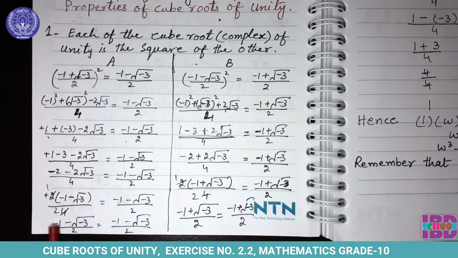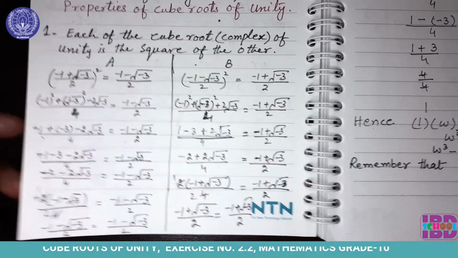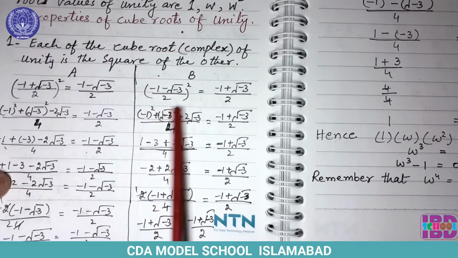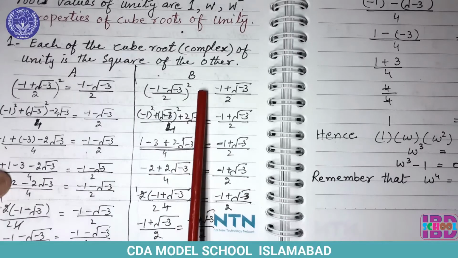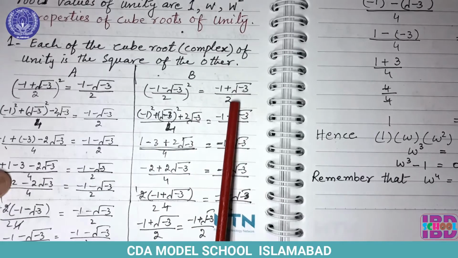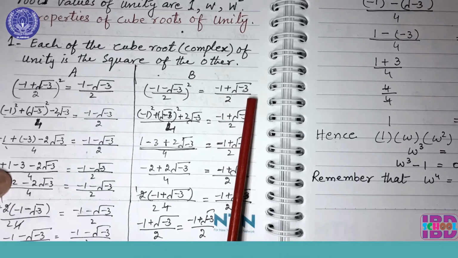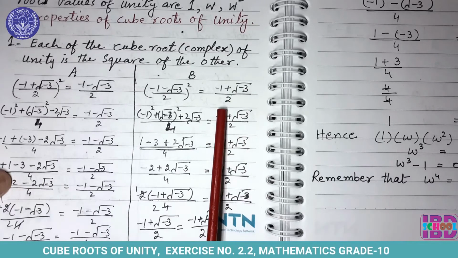Likewise, we can explain in another way, that is, minus 1 minus under root minus 3 by 2 whole square is equal to minus 1 plus under root minus 3 by 2.